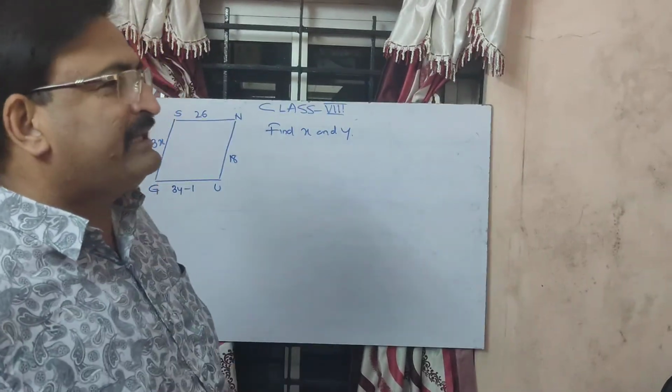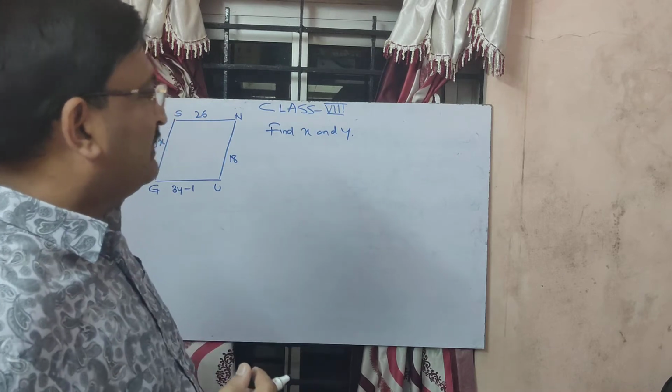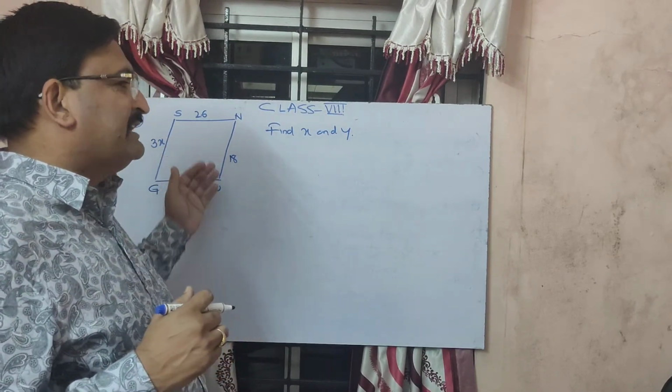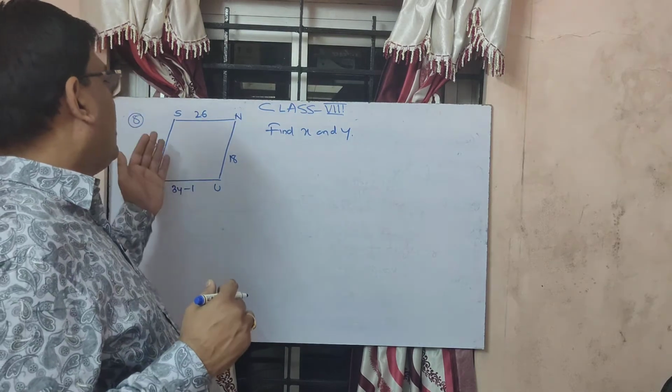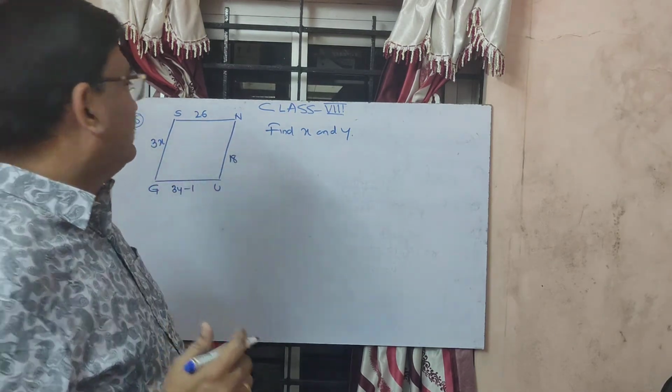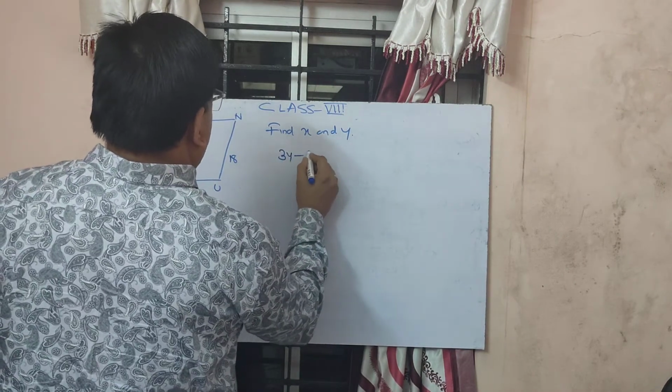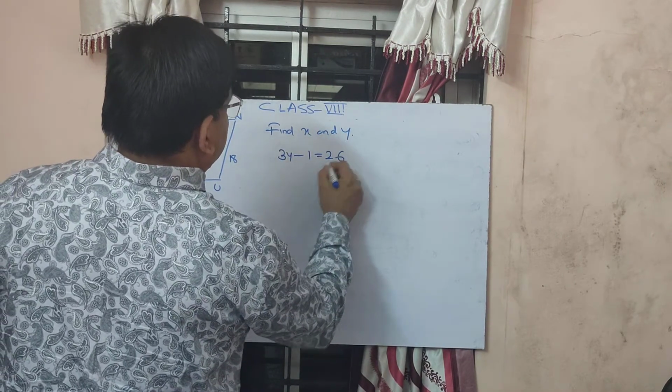So what are the properties of a parallelogram? Opposite sides are equal. It means 3y minus 1 equal to 26.